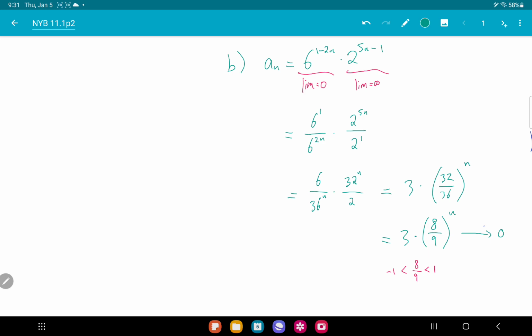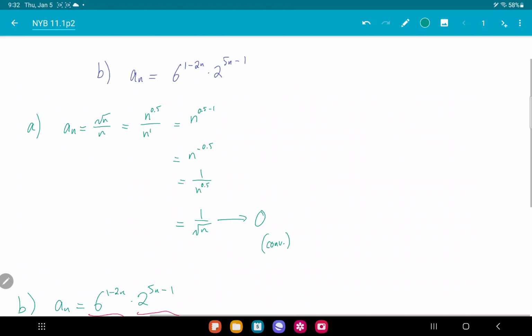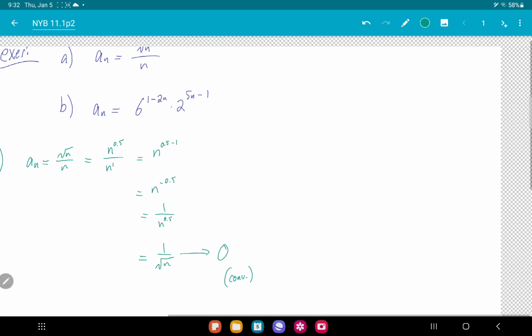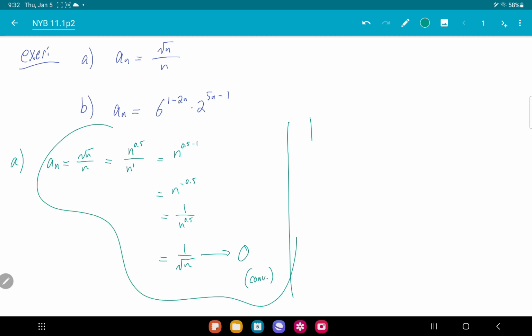I want to talk briefly about something that's close to my heart. Let's look at part A again. You don't have to write this down, but I just want you to be aware of another way of doing this part A here. You notice I didn't write the word lim anywhere in this solution.